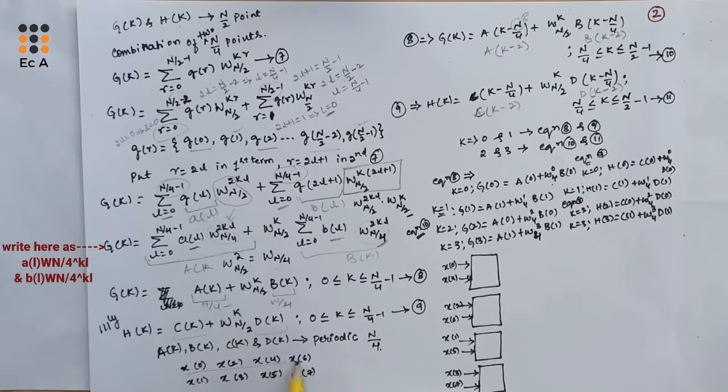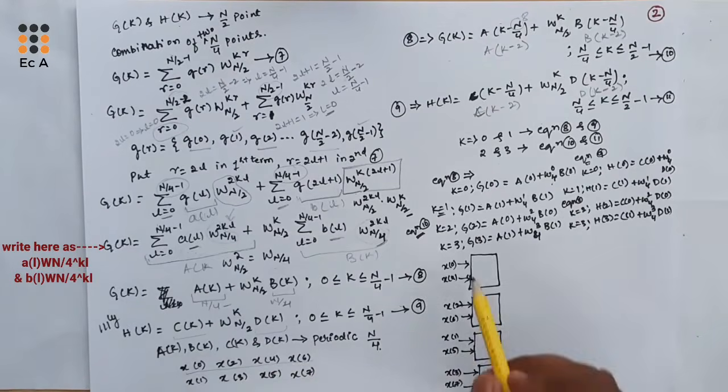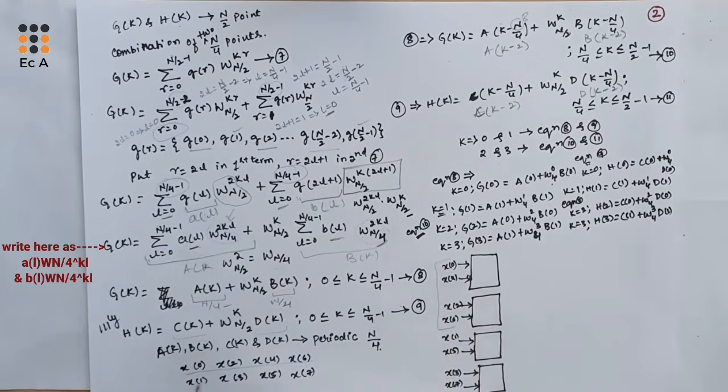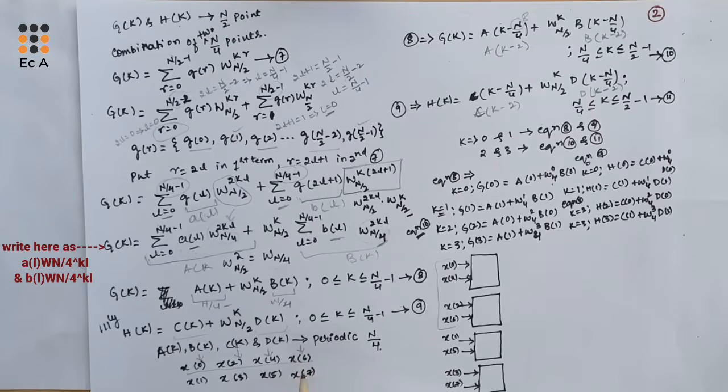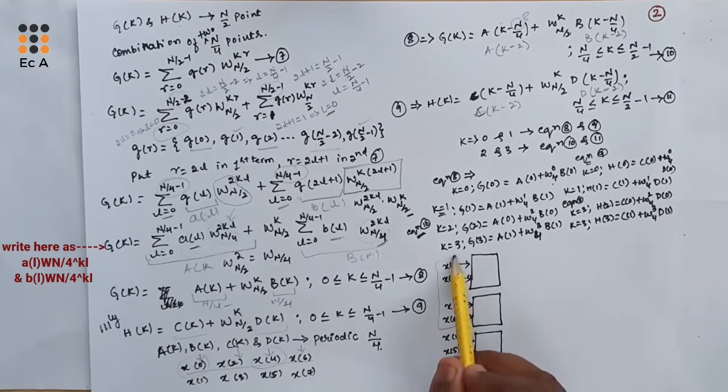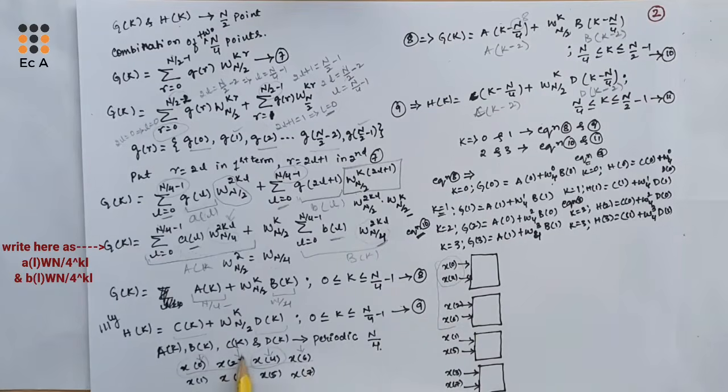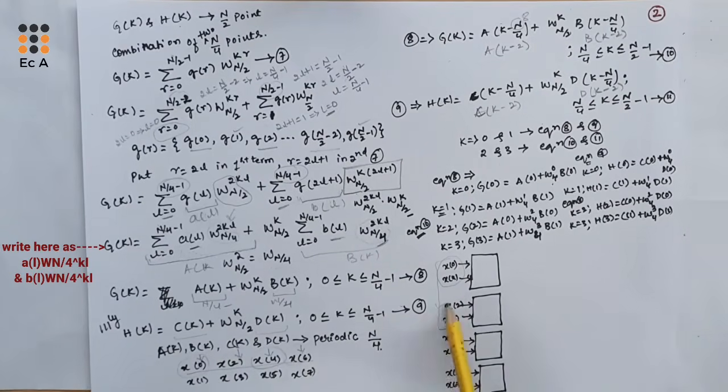In this sequence again we have divided it into even sequence and odd sequence for these two. So, here it is even sequence and this is taken as odd sequence. So, even sequence is x of 0 and x of 4. So, that is what we have written here, and odd sequence is x of 2 and x of 6. So, we have written that value.